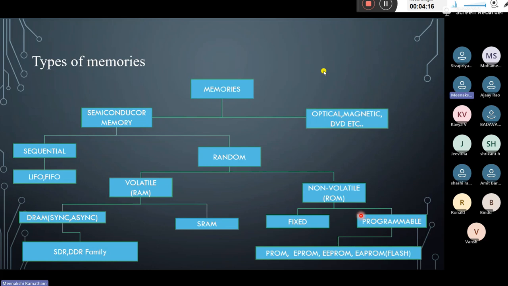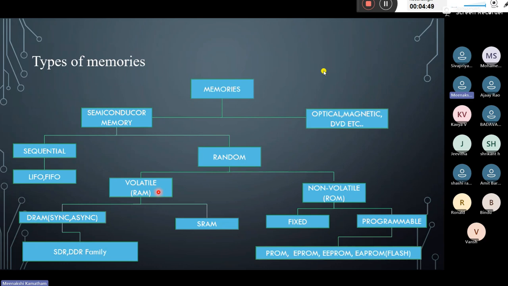They come under temporary memory and permanent memory. The main difference between RAM and ROM is whether the data is stored temporarily or permanently. RAM is volatile. For example, if we are doing some project, making changes without saving, and suddenly my laptop shuts down, the data I didn't save is completely erased.